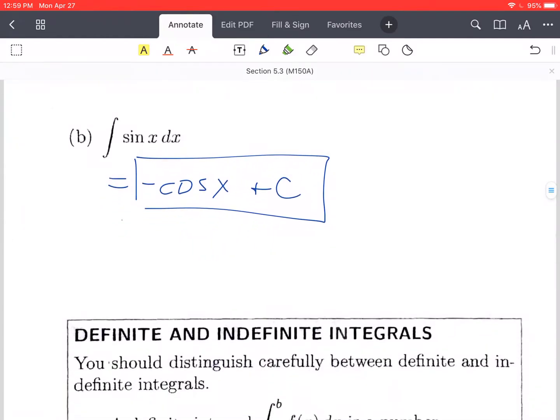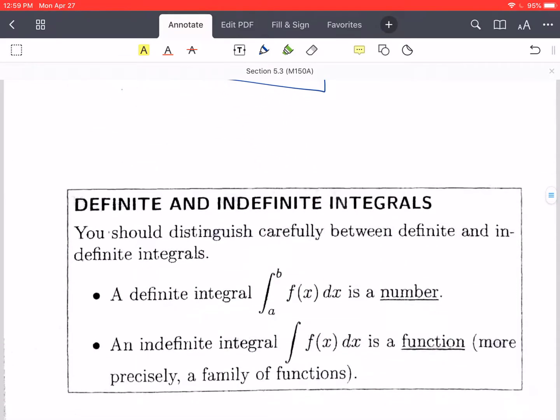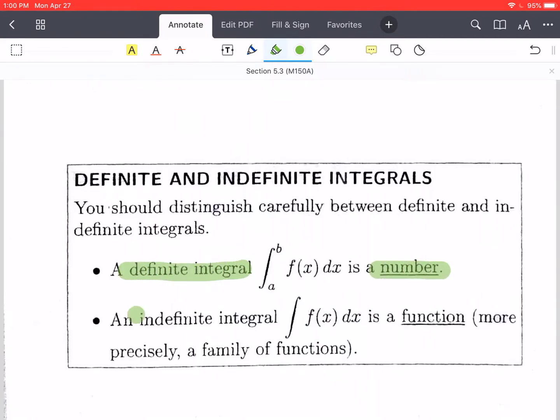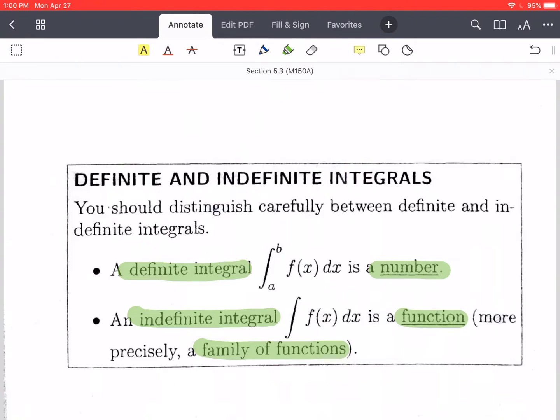Okay. It is very important to be able to distinguish between a definite integral and an indefinite integral. So, very important difference: a definite integral is a number, whereas an indefinite integral is a function, rather a family of functions. So, when you're thinking definite integral with bounds, you should be thinking area under a curve.